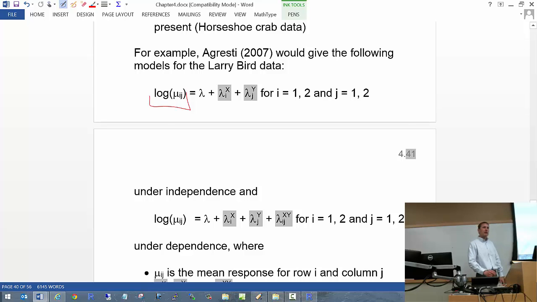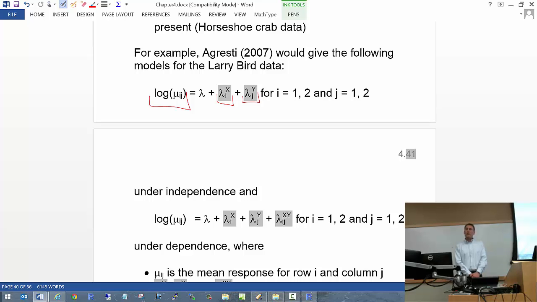Log of mu sub ij, where mu sub ij represents the mean response for row i, column j, is equal to an intercept term, we call it lambda, plus the effect of the ith row representing the x variable. The x in the superscript is not saying you're taking lambda to a power. It's just a notational device to say this is a parameter that shows us the effect of the ith row corresponding to x on the log mean response. Then for the column response, you could do something similar and say lambda j y.